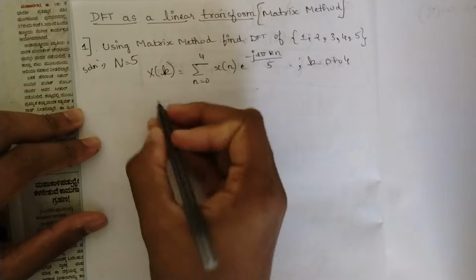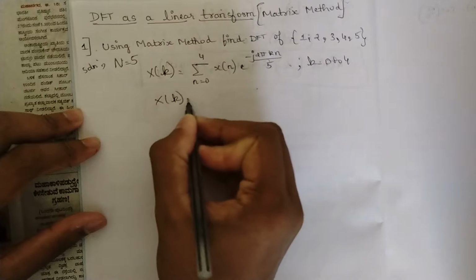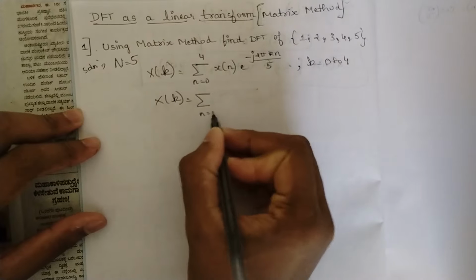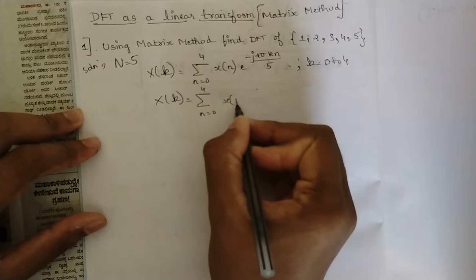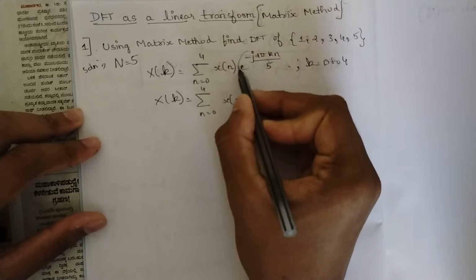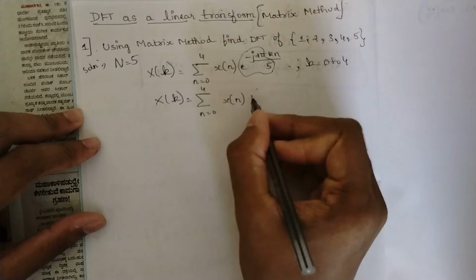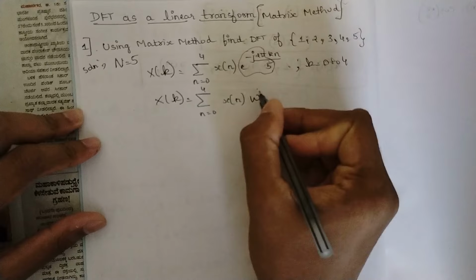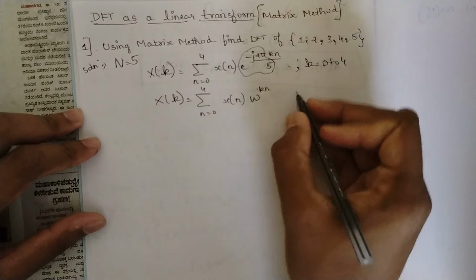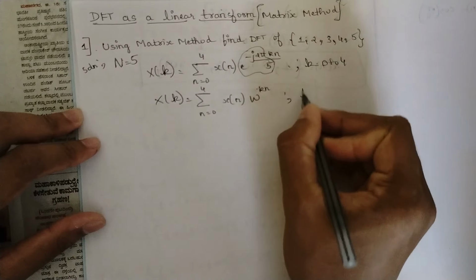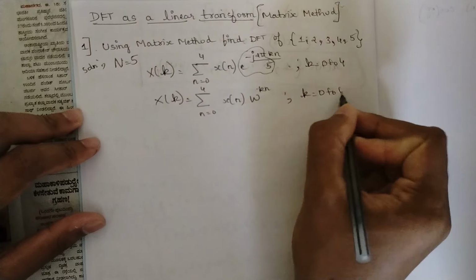So now we should be writing it by substituting the twiddle factor, that is summation of n equal to 0 to 4 x of n, in place of e power minus j 2 pi by 5 you should be writing W to the power kn, okay, where k is equal to 0 to 4.